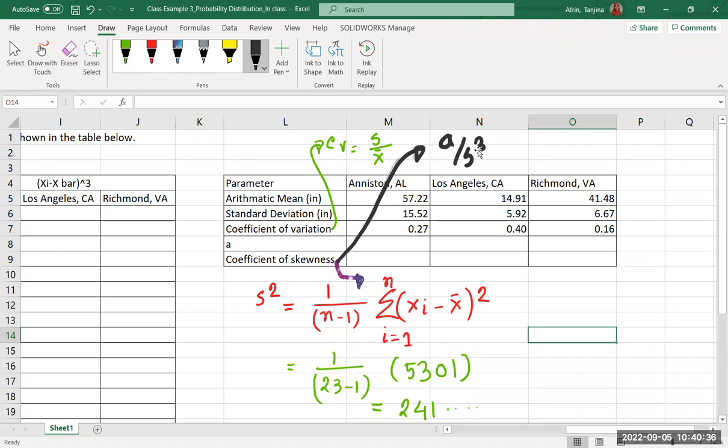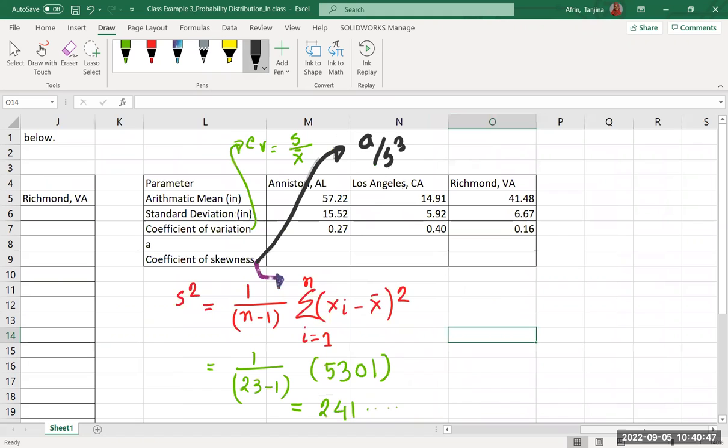Now we already have S, so we can find S cubed easily. So what is the only thing we need to find? A, right? Now if you look at your copy, the equation for A is n over (n minus 1)(n minus 2) times the summation of (x minus x bar) cubed, right?